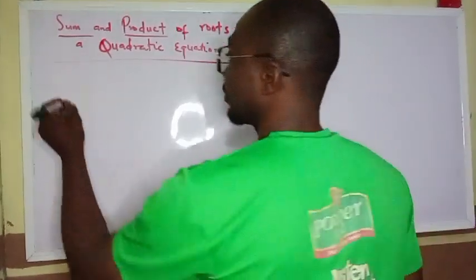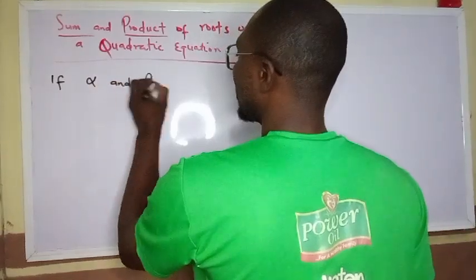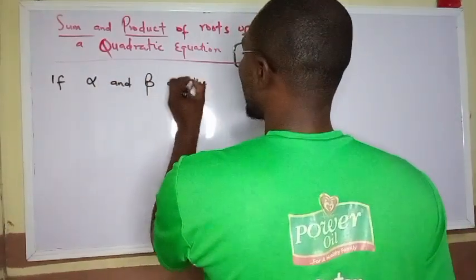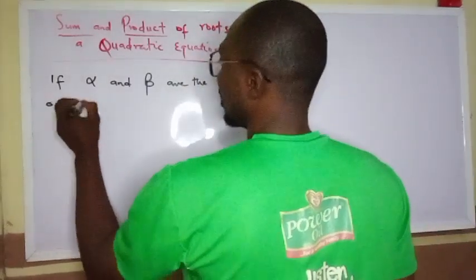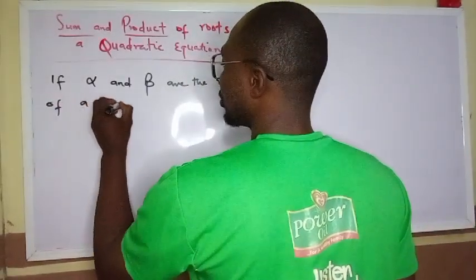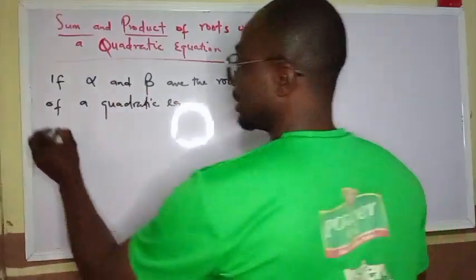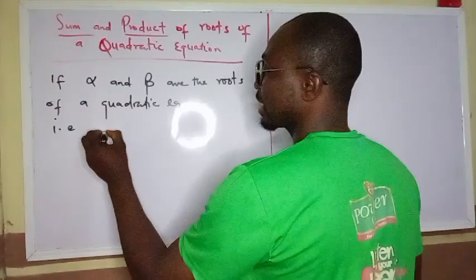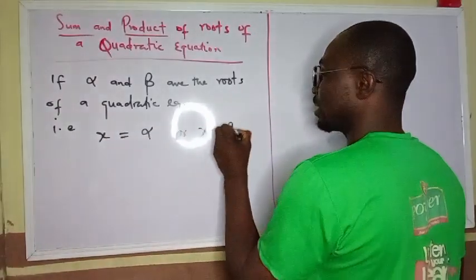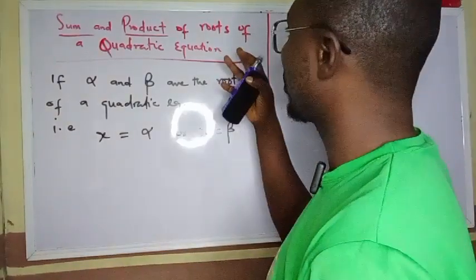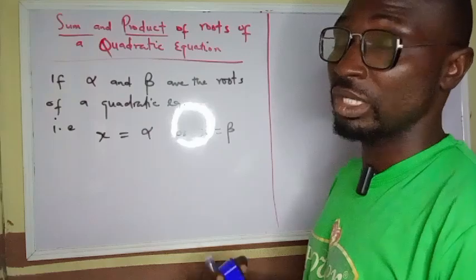So if alpha and beta are the roots of a quadratic equation, that is, if you have x is equal to alpha or x is equal to beta, of course the roots of a quadratic equation are the values of x in that particular equation.